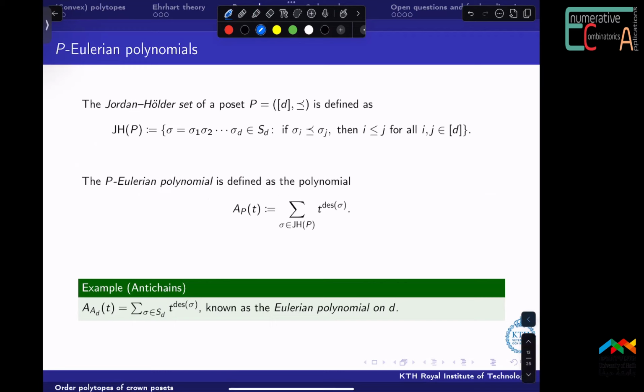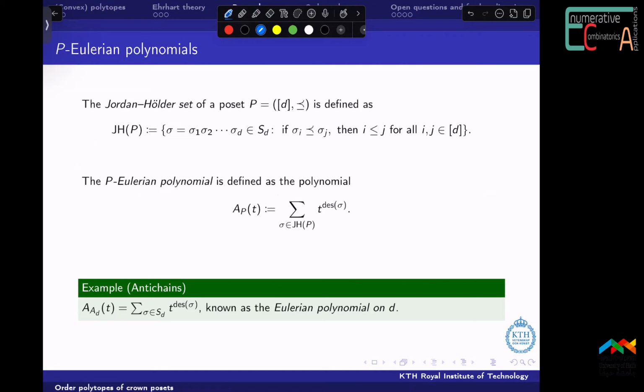We also have the other polynomial, which we call the P-Eulerian polynomial. To define the P-Eulerian polynomial, we need to talk a little bit about the Jordan-Hölder set, which is the set of linear extensions of a poset.